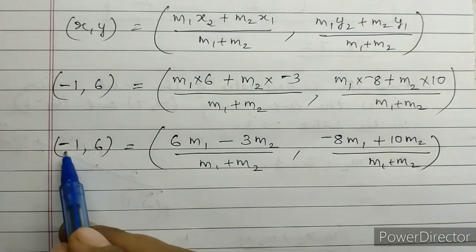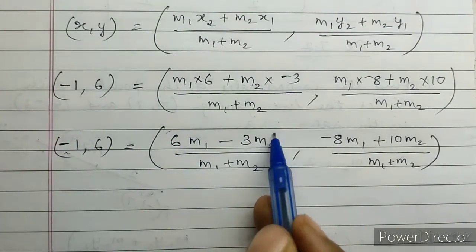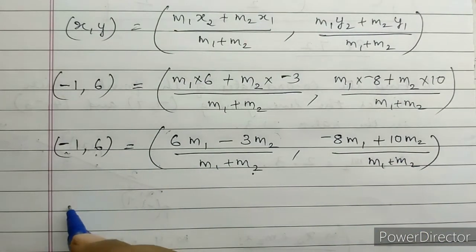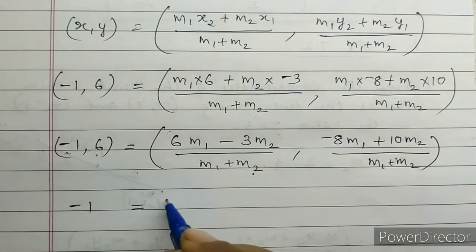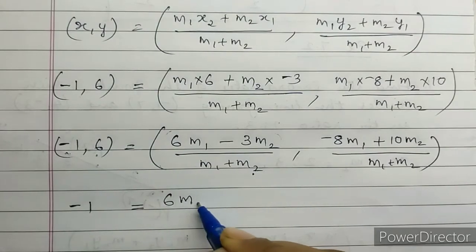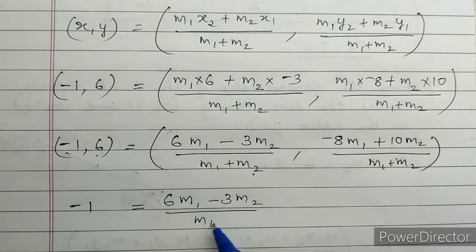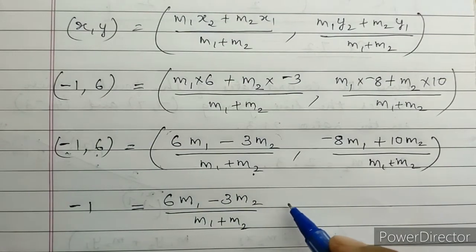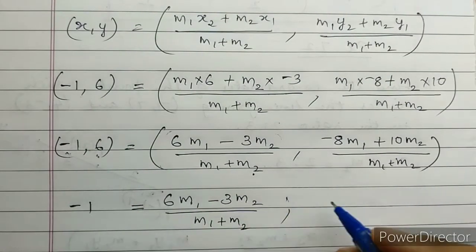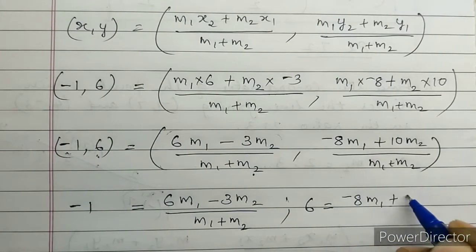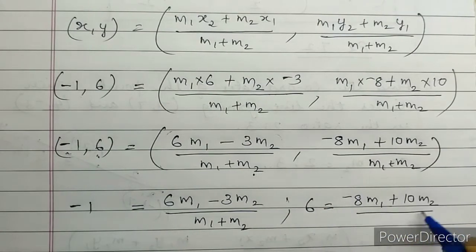Now equate the x coordinate to this coordinate and 6 to this. So minus 1 equals (6 m1 minus 3 m2) by (m1 plus m2) and 6 equals (minus 8 m1 plus 10 m2) by (m1 plus m2).